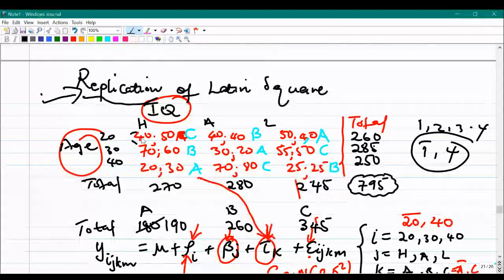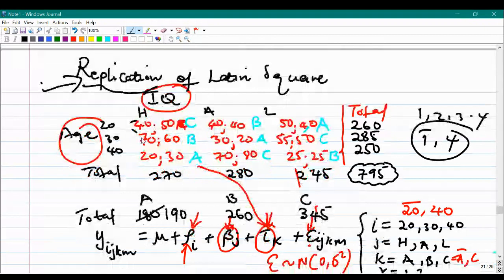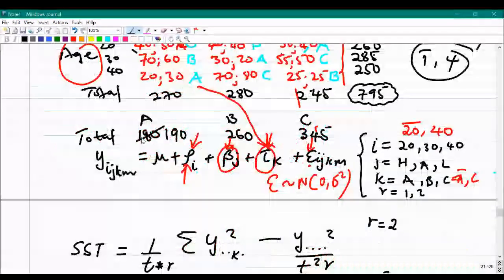So you see, you have 40 and 50 in one cell, which goes with C. The second cell there is 40 and 40, which goes with B. But with the Latin square, you don't test for interaction. So even if the values are like this, you continue testing for treatments, rows, and blocks.